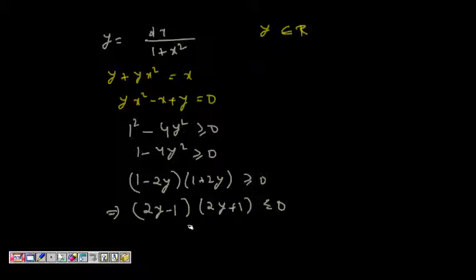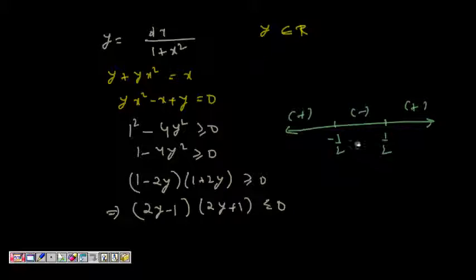So it means what? So on the number line we have minus 1 by 2, 1 by 2. So what is the value in this side? So if we take y is equal to 10, so it becomes something like 20 minus 1, positive and positive. So this is positive, this is negative, this is positive.